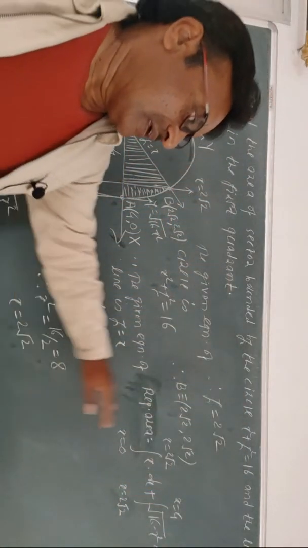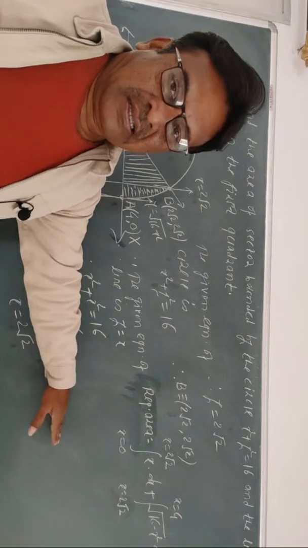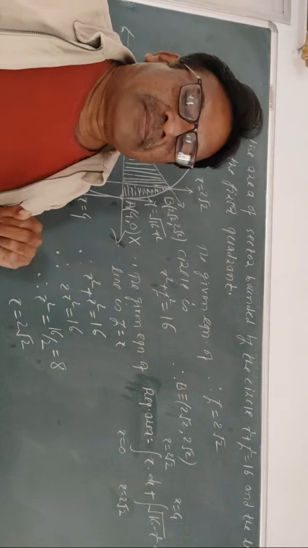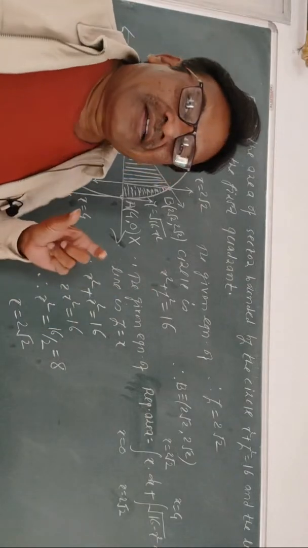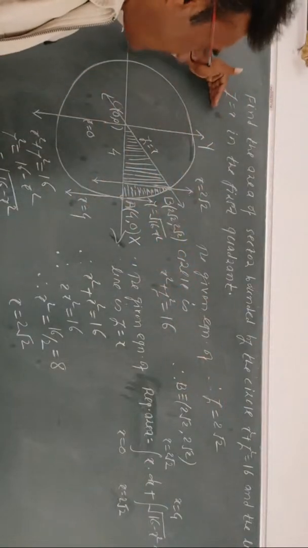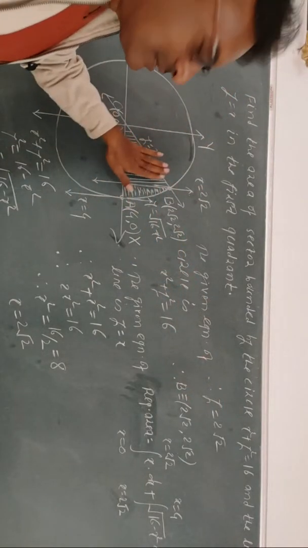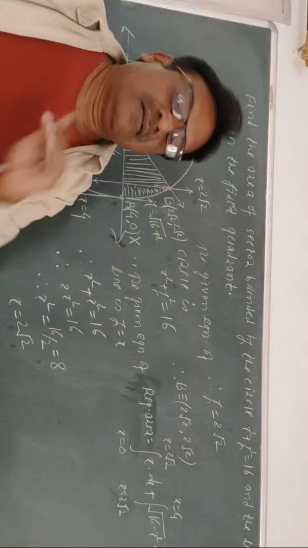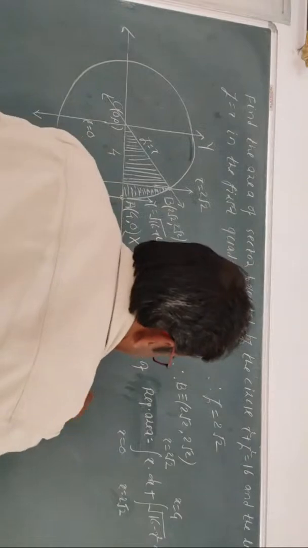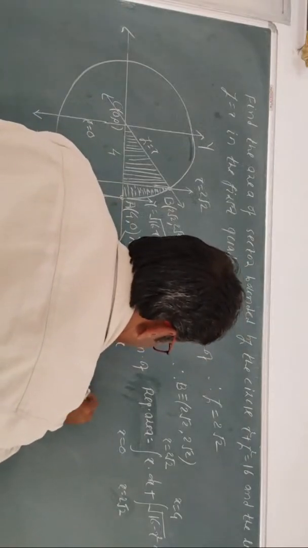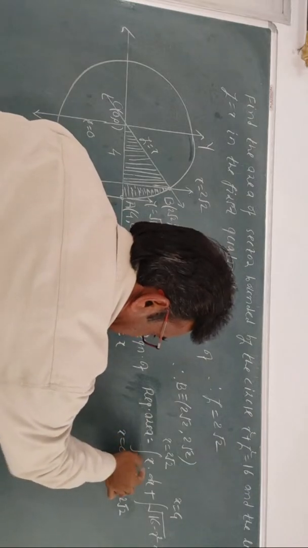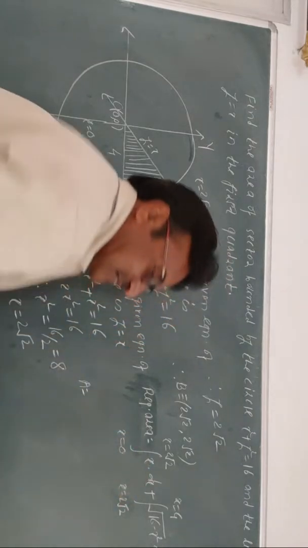And then we evaluate the integrations. After evaluating the integrations, putting in the lower limit and upper limit, we get the required area bounded by the circle and the line and x-axis in the first quadrant. So we evaluate this definite integration. Suppose the required area is denoted by capital A. First we evaluate the integration of x into dx.